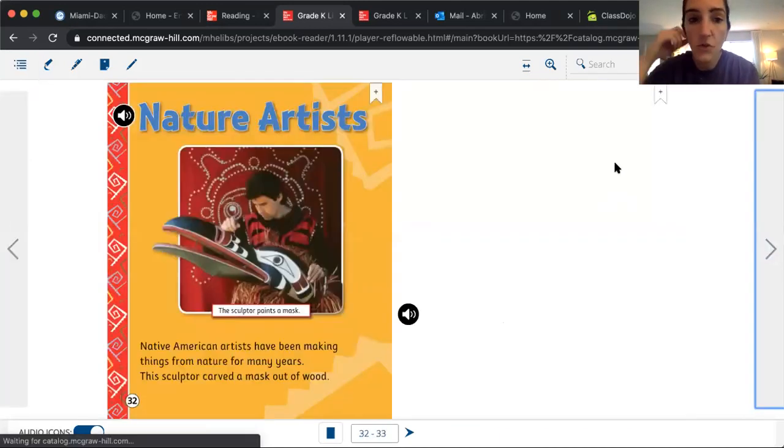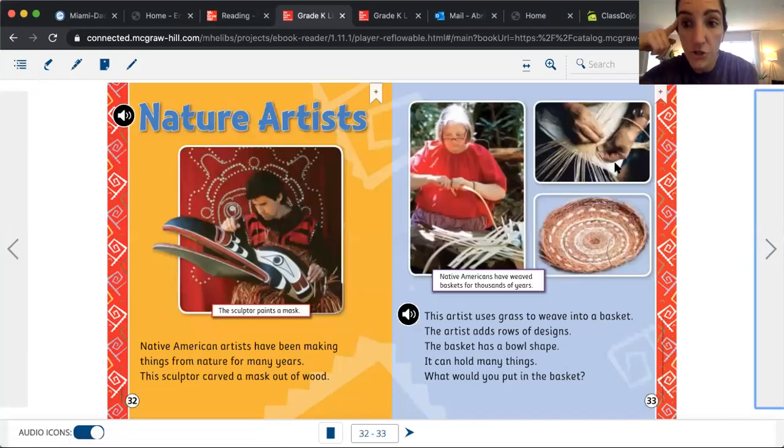Okay, so the next story is also informational text because it's giving you information. That means it's nonfiction. And the title is Nature Artists. Native American artists have been making things from nature for many years. This sculptor carved a mask out of wood.